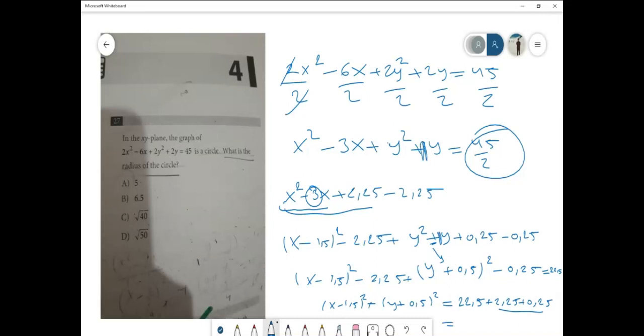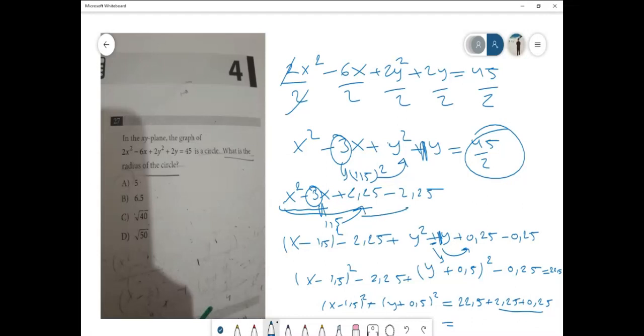Look, in order to make a complete square, on this third line, what is half of 1? 0.5. Squared? 0.25. Ah, you squared it. Okay.